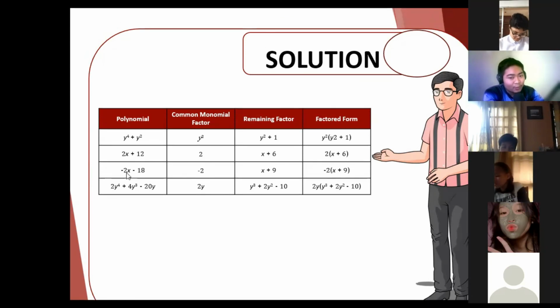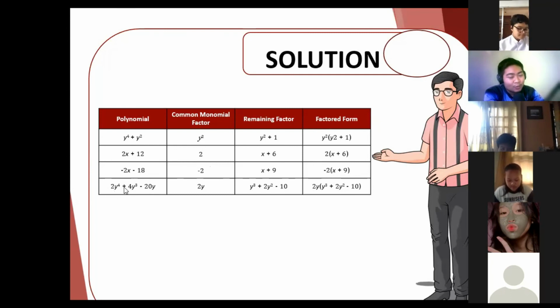We have negative 2x, negative 18. Their common factor is negative 2. So the remaining factors would be x plus 9. Bakit naging x plus 9? Negative 2x divided by negative 2 is x. Negative 18 divided by negative 2 is positive 9. Then pagtabihin lang. This would be the factored form.